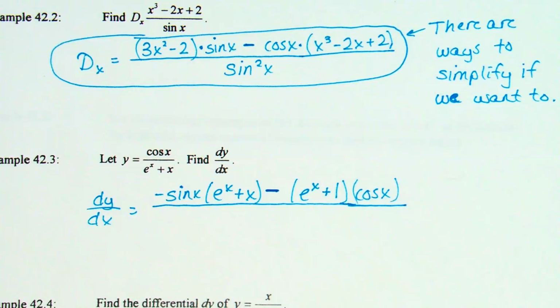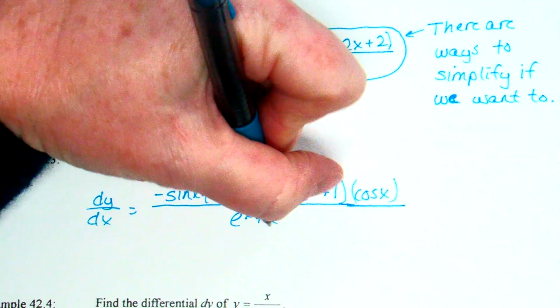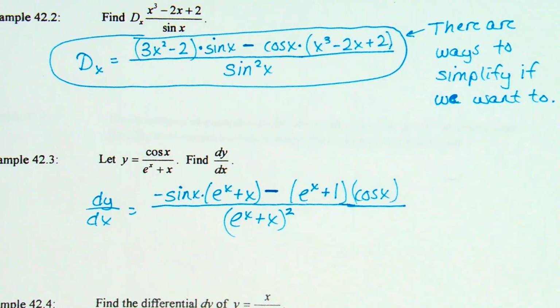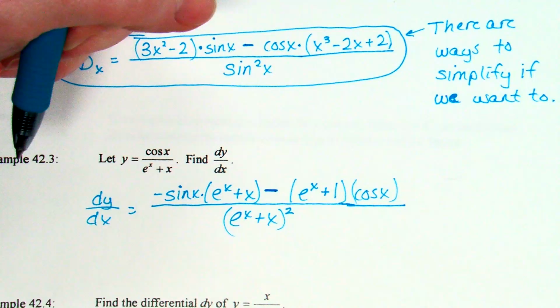All over, denominator squared. e to the x plus x, quantity squared. And more often than not, we just leave it like that. There's not a lot of times that you actually go farther. So I'm guessing this last one has a lot of steps in it, then, since all the other ones have been 1 or 2 steps.